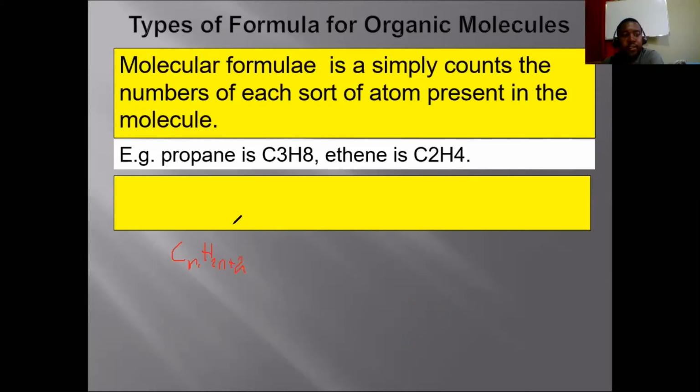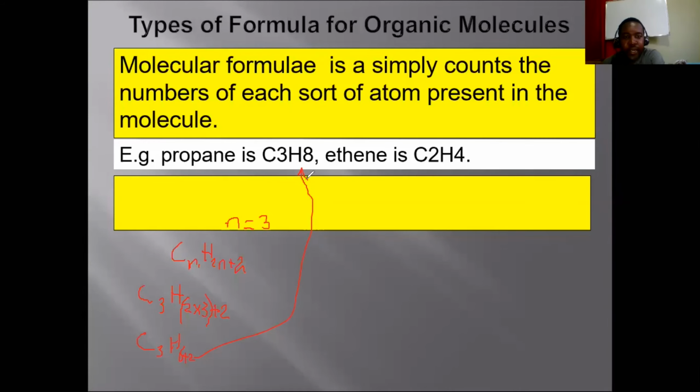In this case, n will be equal to 3. So we have C3, and H is 2 multiplied by 3, plus 2. We do the multiplication first, so it is C3, H, 3 times 2, which is 6. Then we add the 2.